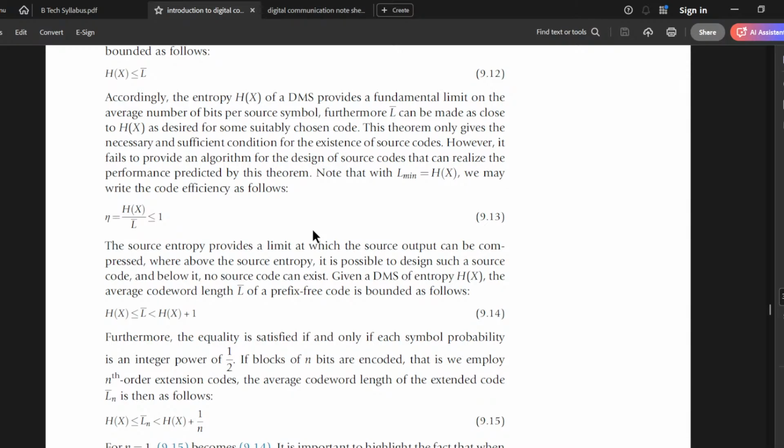Furthermore, L can be made as close to Hx as desired for a suitably chosen source code. This theorem only gives the necessary and sufficient condition for the existence of a source code. However, it fails to provide an algorithm for the design of a source code that can realize the performance predicted by this theorem. Note that minimum length equals entropy.